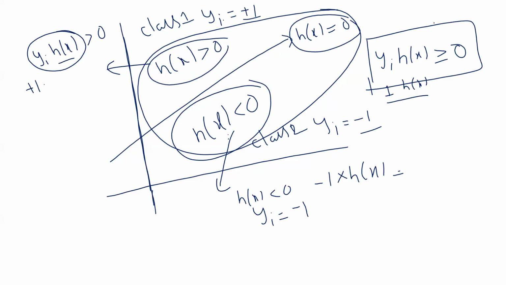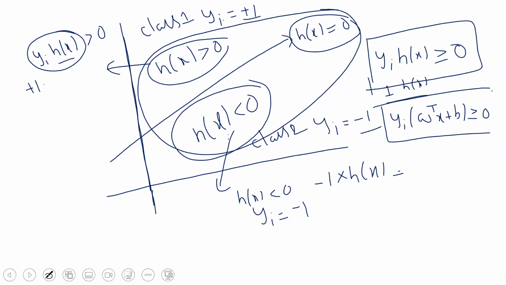Now if I transform h of x into the original form, yi into w transpose x plus b is always greater than or equal to 0. This is the single equation representing the two partitions that this plane has created.